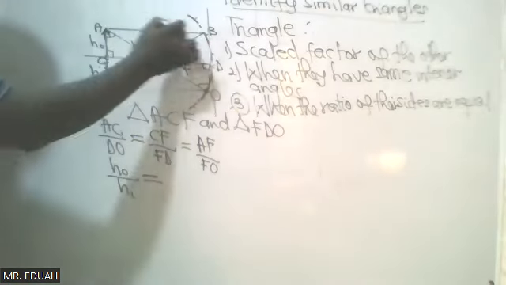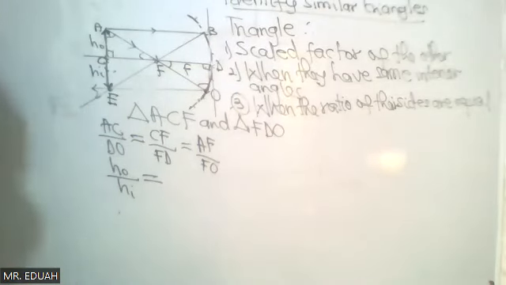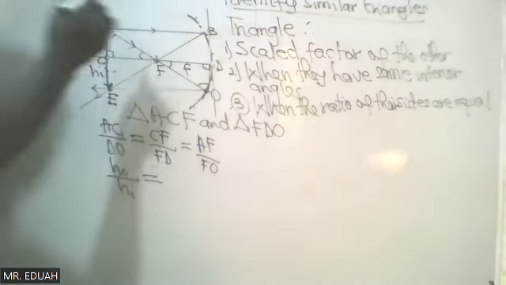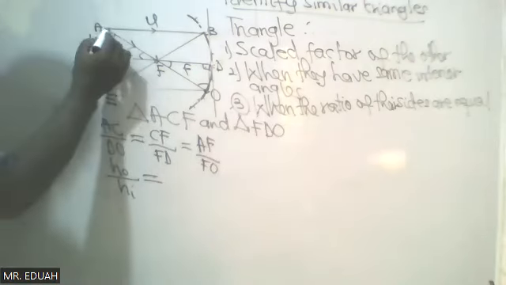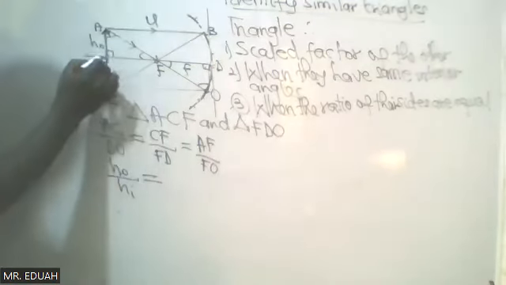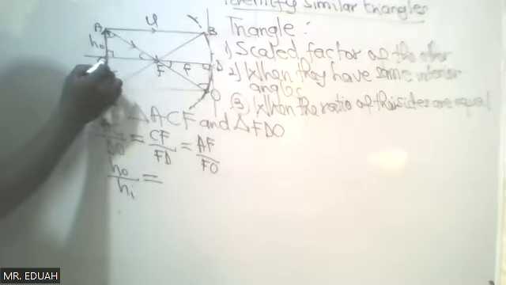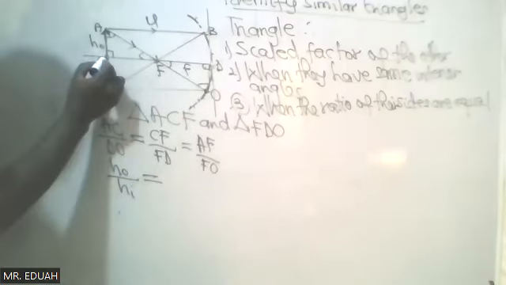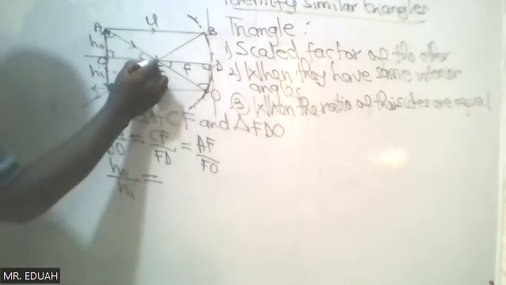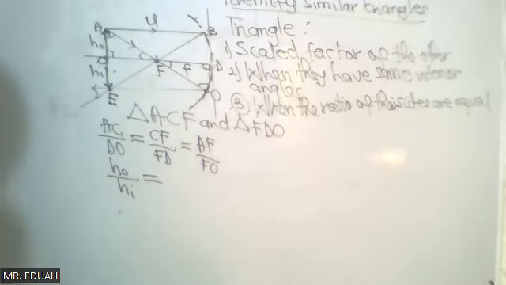Then what is AB? Object distance. So this is U. AB is the same as CD. So if we are looking for CF, what will it be?